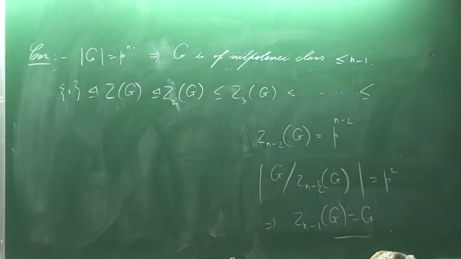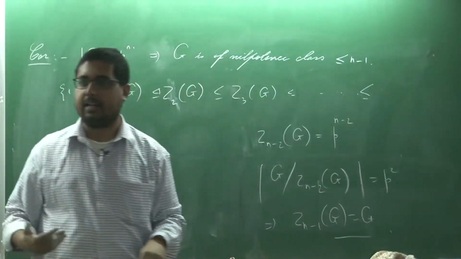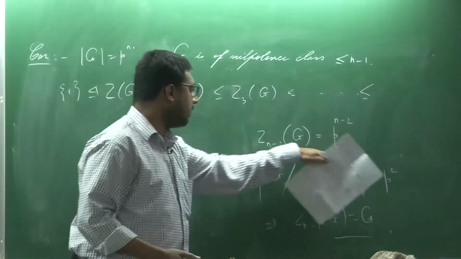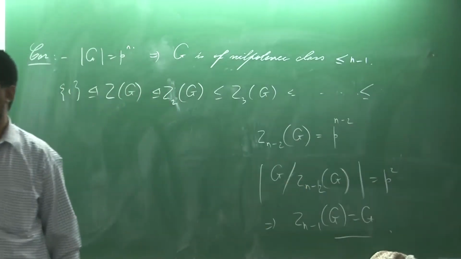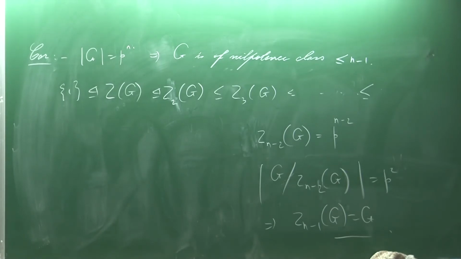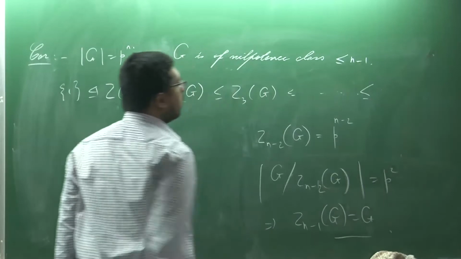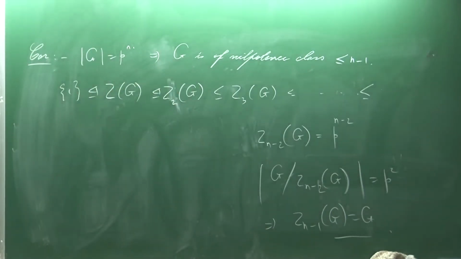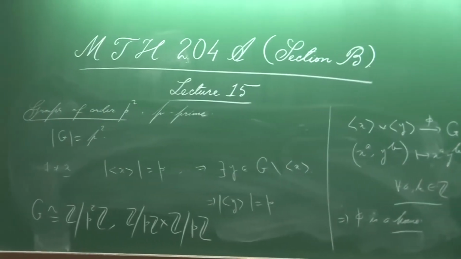But if it only increases by the factor p at every stage, then we must have this, and then the immediate next step has to be G. So there is no way we can have strict containment beyond these many terms, which follows from a corollary of this.